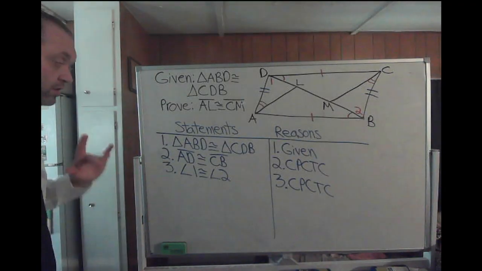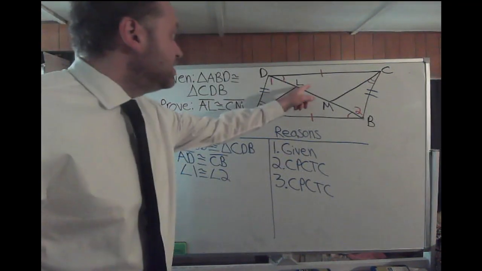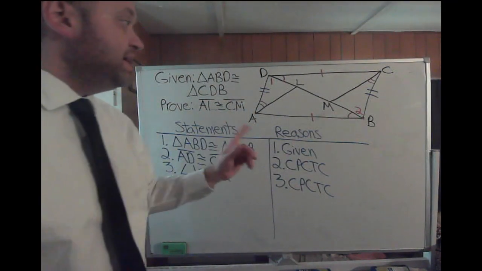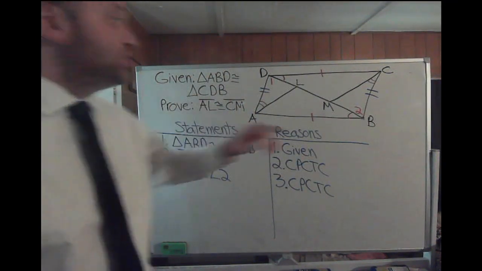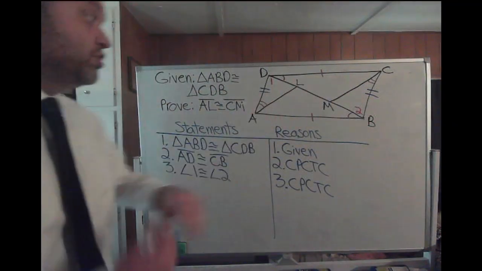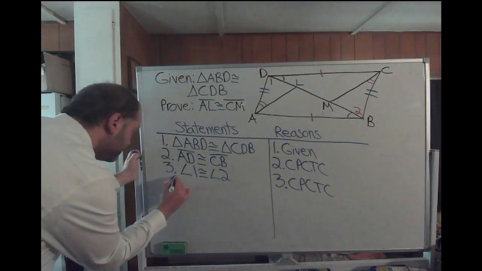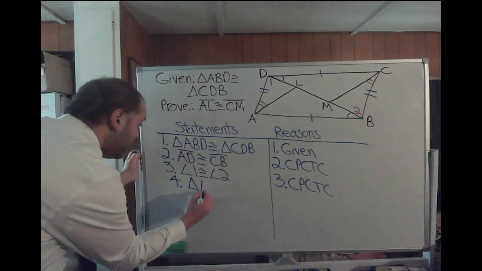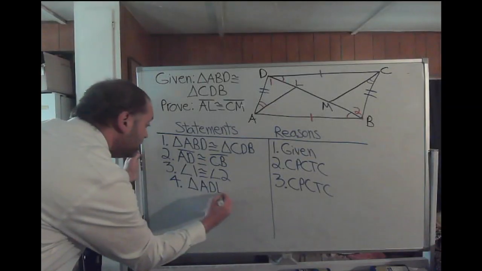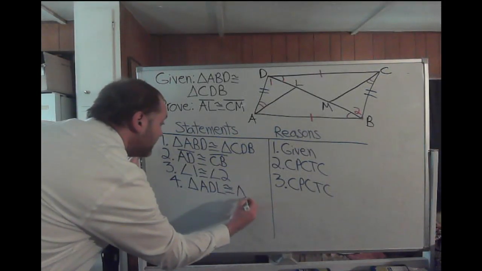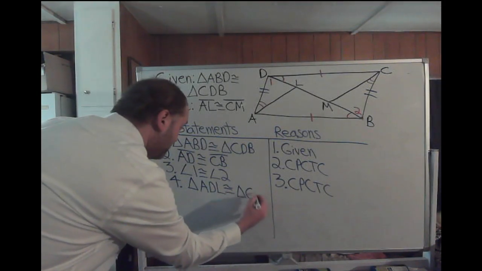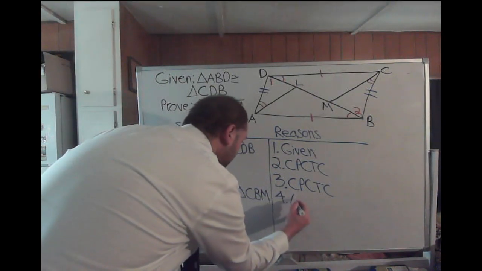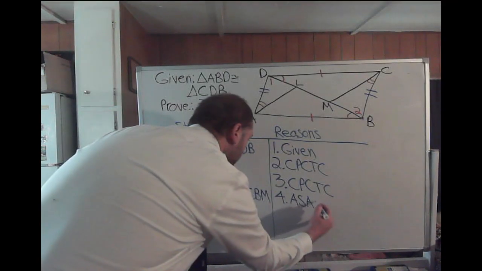So now if we look at triangles ADL and CBM, in each of these we have an angle, side, and angle congruent, right? So that's going to allow us to argue that triangle ADL is congruent to triangle CBM. That's going to be by the angle, side, angle postulate.